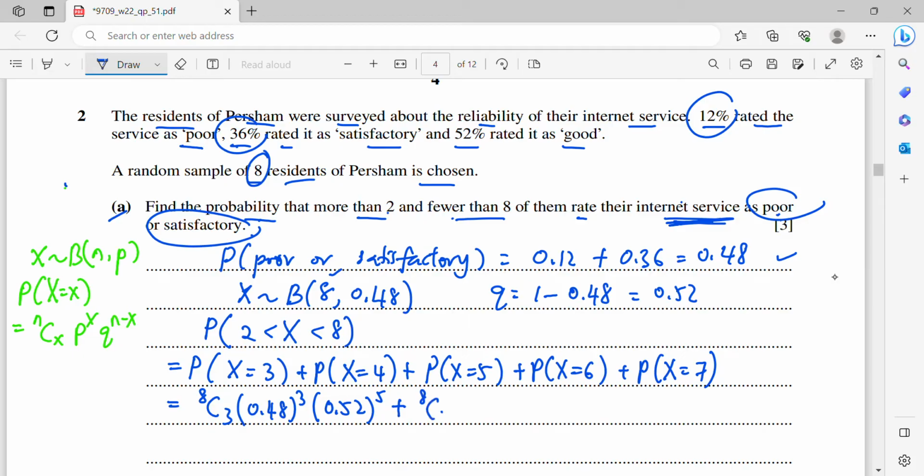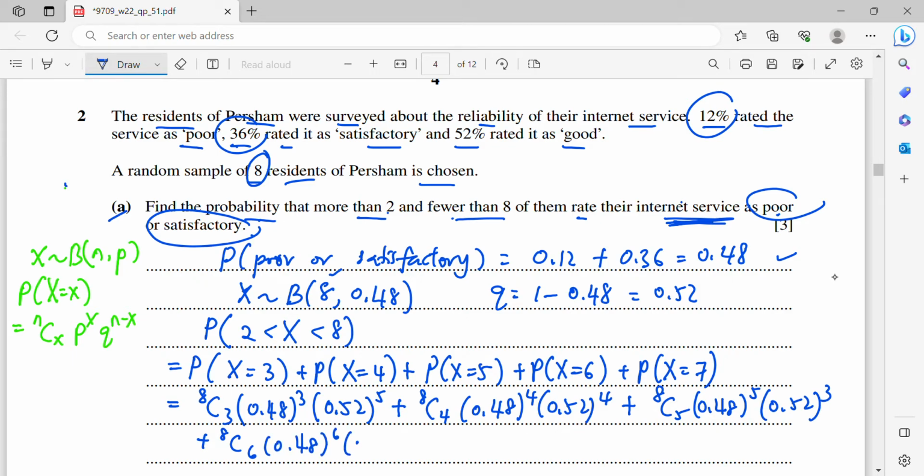Then plus 8C4, 0.48 to the power 4 times 0.52 to the power 4, plus 8C5, 0.48 to the power 5, 0.52 to the power 3, plus 8C6, 0.48 to the power 6, 0.52 to the power 2, plus 8C7, 0.48 to the power 7 multiplied by 0.52 to the power 1.